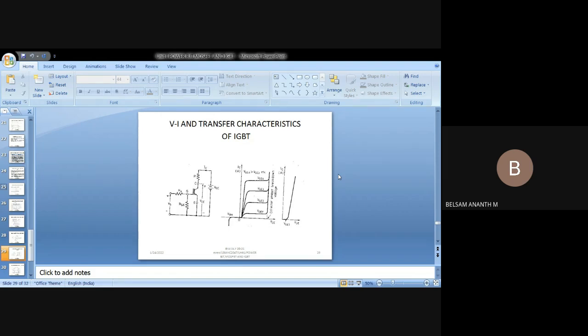There are two voltages, the gate emitter voltage and VCE, the collector emitter voltage. I think this characteristic is almost like the previous case. If you check the characteristic curve, there are no major changes, only minor changes in the drop which occurs on the current side.